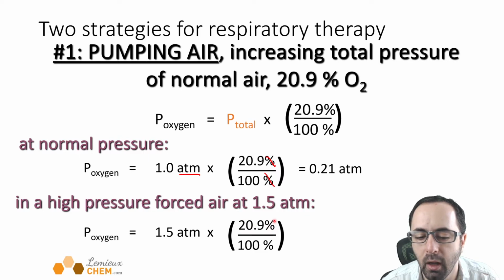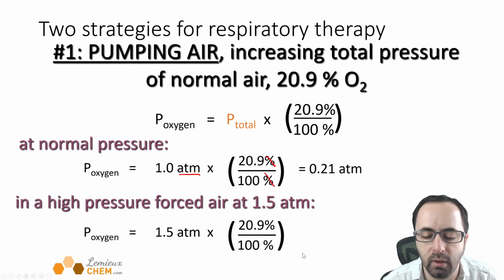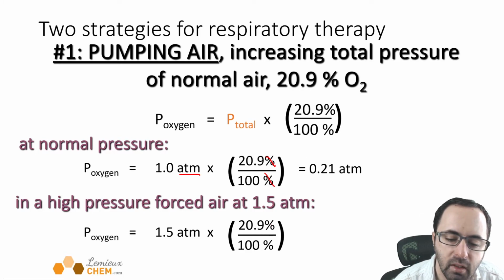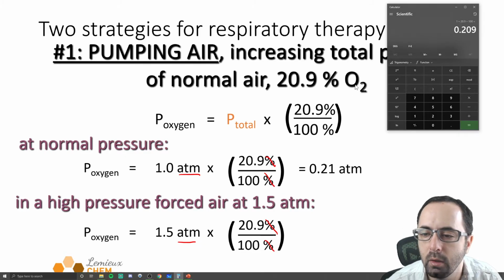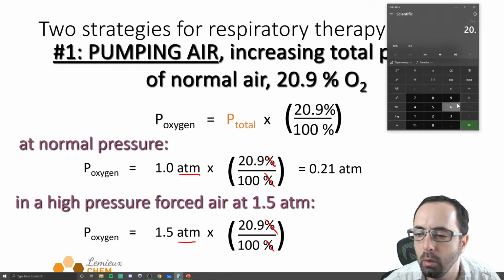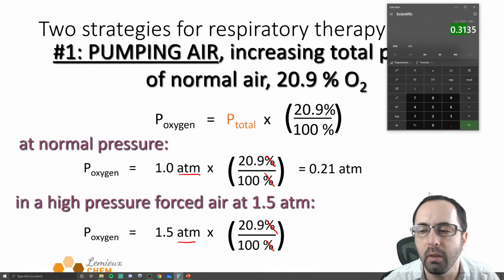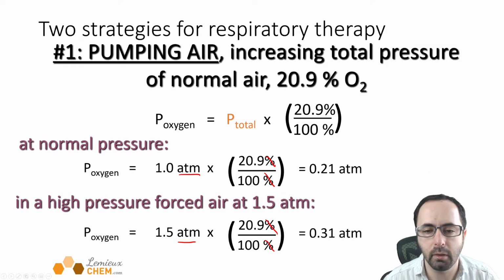It's 20.9%, and we convert that to a decimal by dividing by 100%. Again, our percentages cancel. We have units of atmospheres. So now it will be 1.5 times 20.9 divided by 100. And so our new partial pressure of oxygen with the higher total pressure will be 0.31 atmospheres.